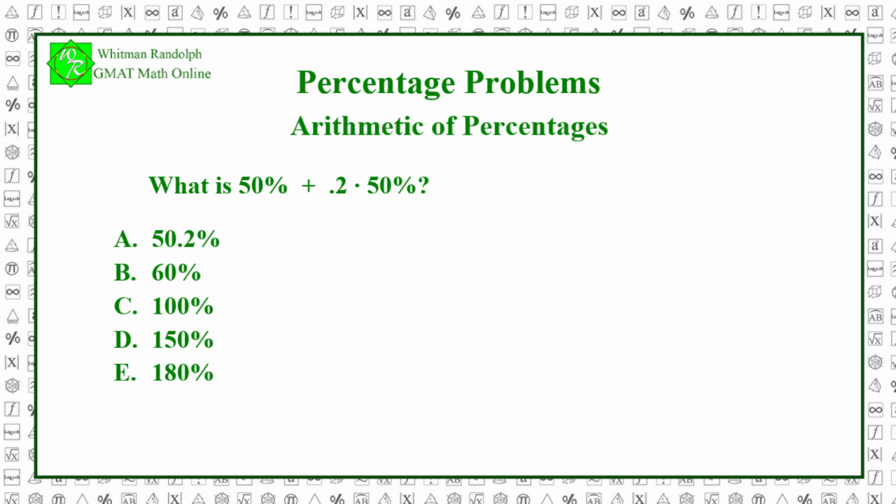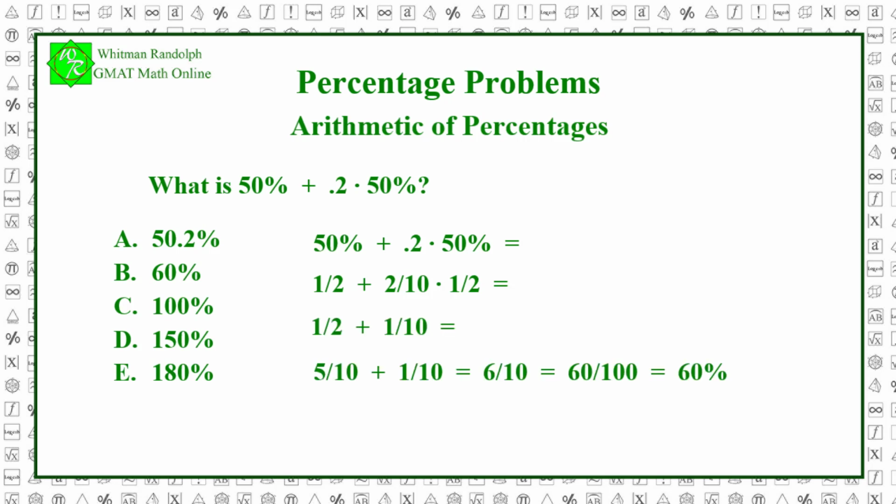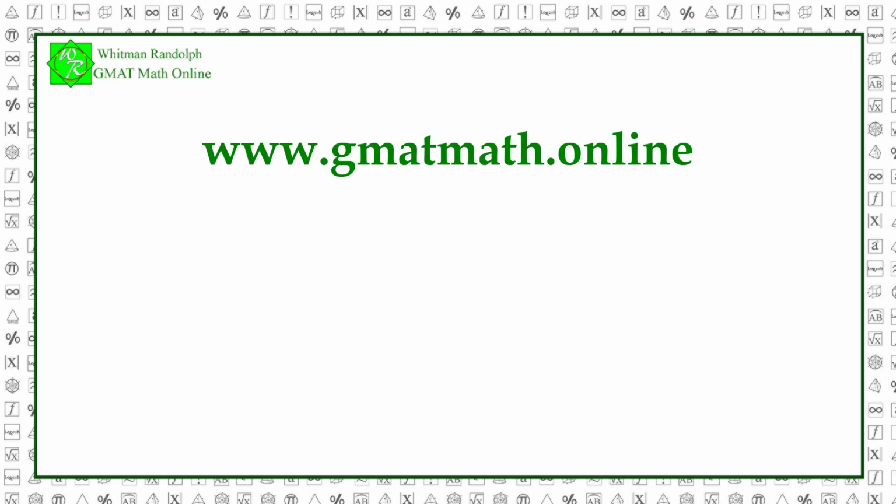So in this case, 50% plus 0.2 times 50% equals 1/2 plus 2/10 times 1/2, which equals 1/2 plus 1/10, and that equals 5/10 plus 1/10, which is 6/10, and that equals 60/100ths, which equals 60%. So the correct answer is B.